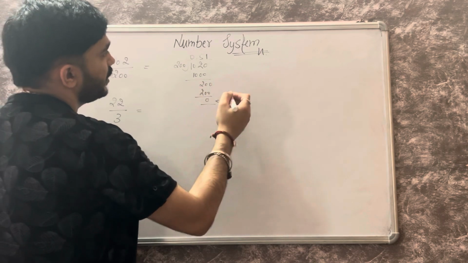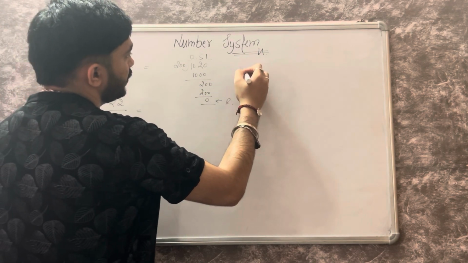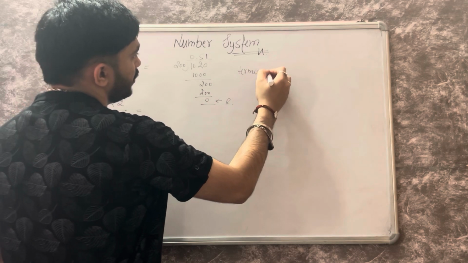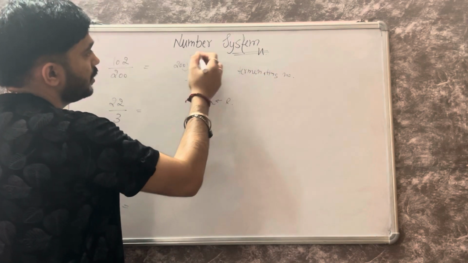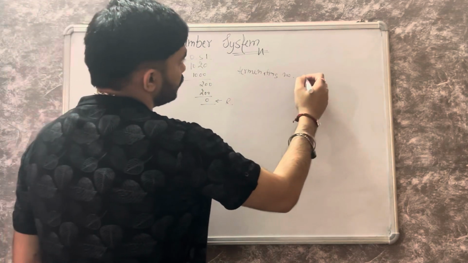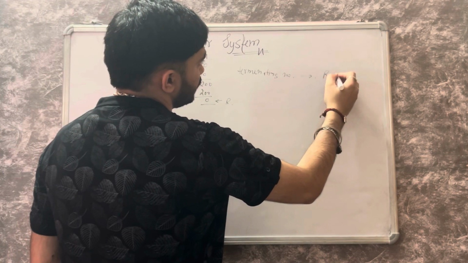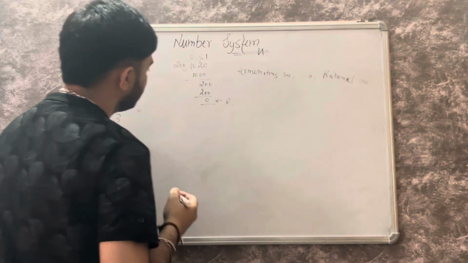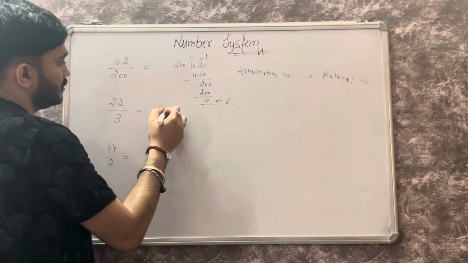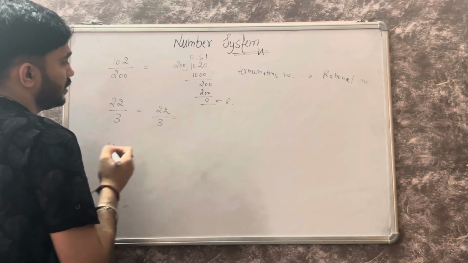So it is a terminating number, because the remainder is 0 and the quotient is terminating. So it is a rational number. Any doubt? Let us see here, 22 divided by 3.